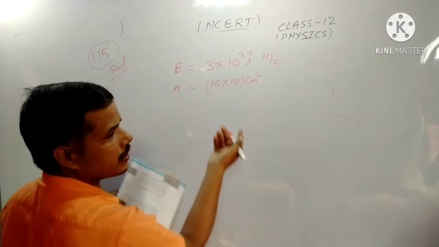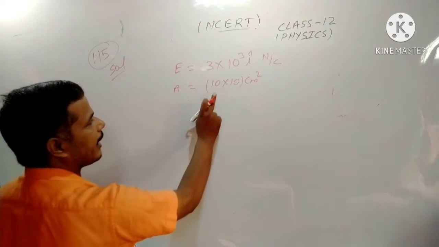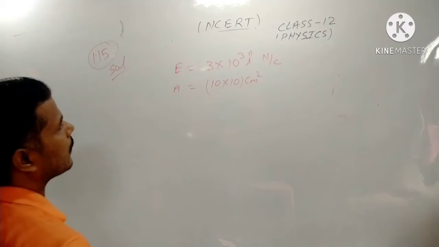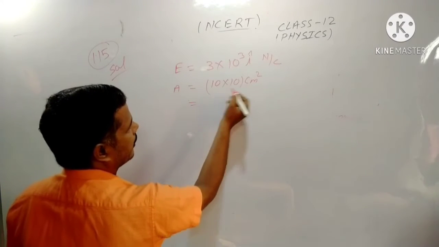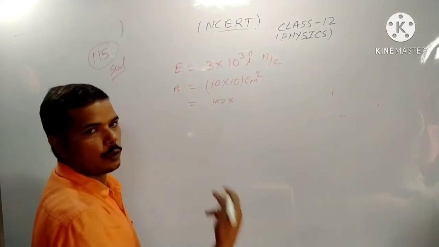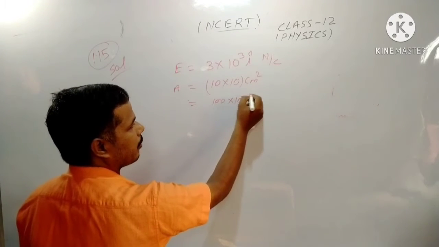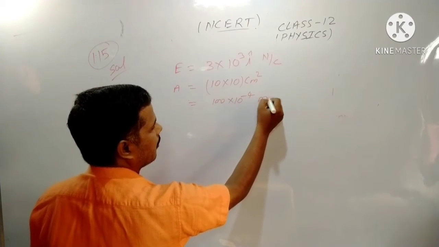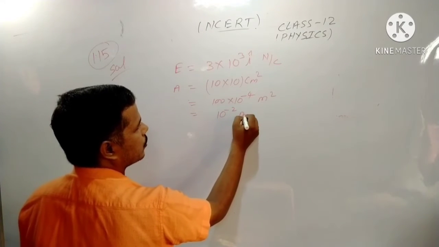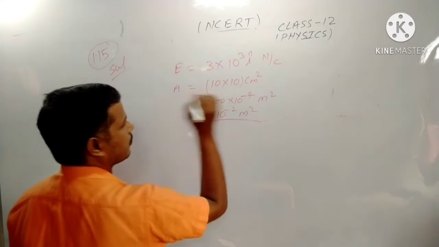Because the side length is given 10 centimeter, then area is equal to 10 cross 10 centimeter square. We can write it 10 into 10 is 100, and if we convert centimeter square into meter square, we multiply it by 10 power minus 4 meter square. It will be 10 power minus 2 meter square.